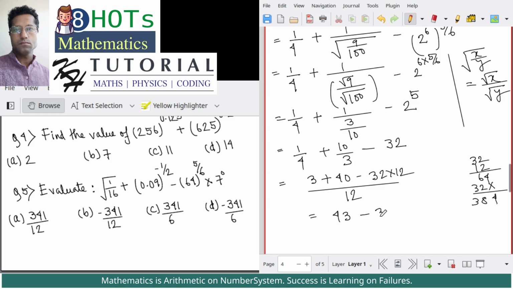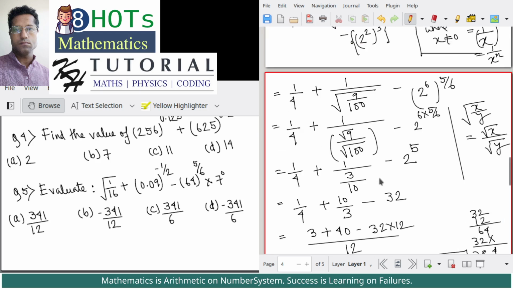So we have minus 341 divided by 12, which is equal to minus 341 by 12. Minus 341 by 12 is the result of the simplified value, and hence the correct choice is B.